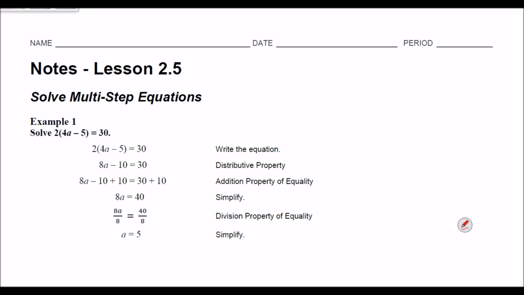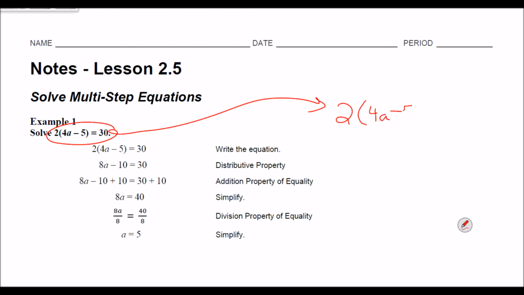So anyways, here we go for the notes on lesson 2.5, which is solving multi-step equations. All right? So, for example 1, again, I'm not a huge fan of how they write these out, so I can talk you through this. I'm going to bring this over to the side. I did mention the distributive property.